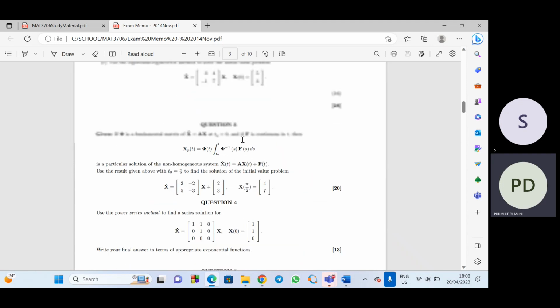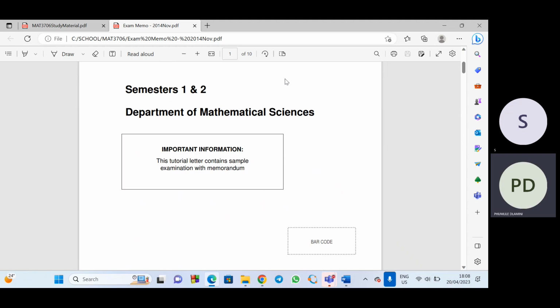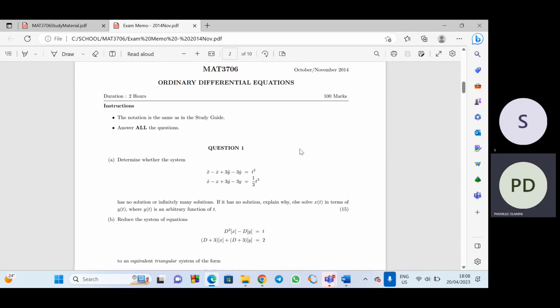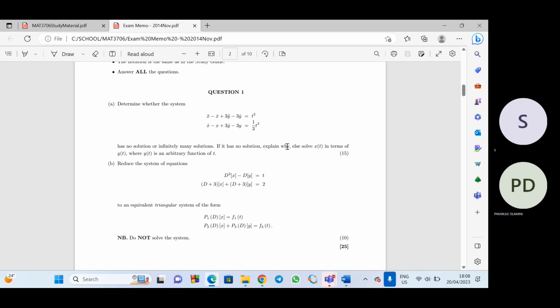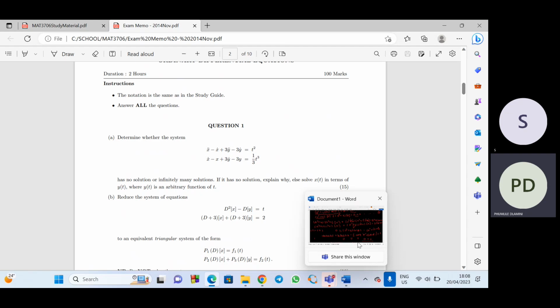So in this one for 2014, okay, it says determine whether the system has no solution or many solutions. Okay, it's fine. Let's do it.